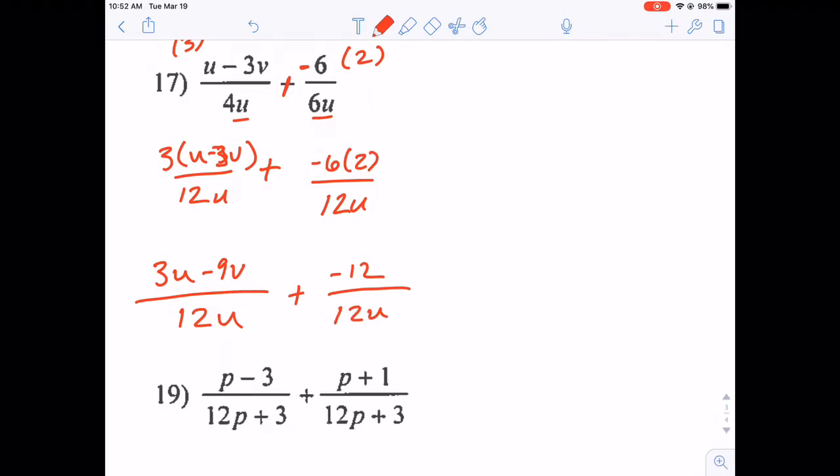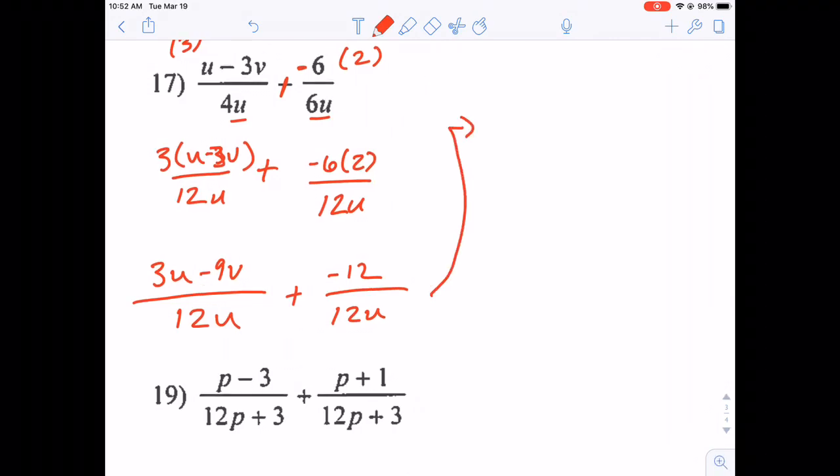Okay, combining like terms, let's see, there aren't any. So my common denominator is 12u, and now my numerator is 3u minus 9v minus 12. Now try to factor that numerator. This is a weird numerator in that it's a trinomial. There are 3 parts, but it doesn't factor like a normal trinomial. But we can factor a 3 out of all of them.